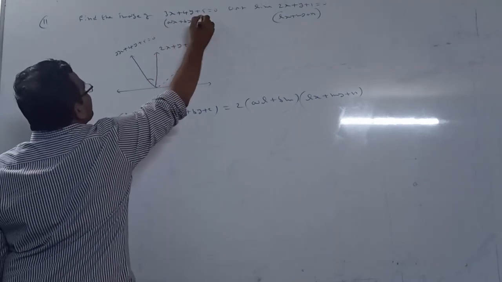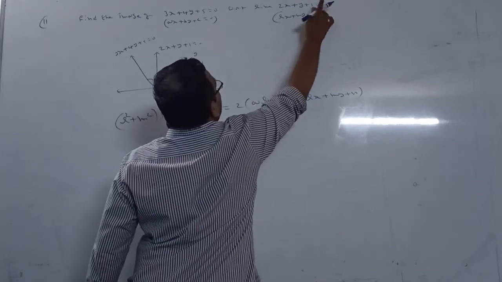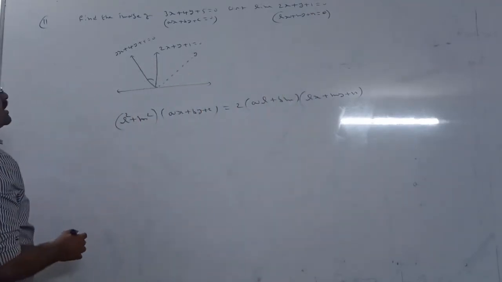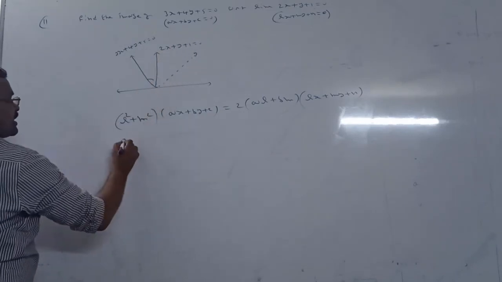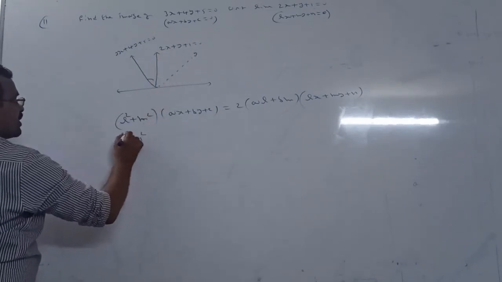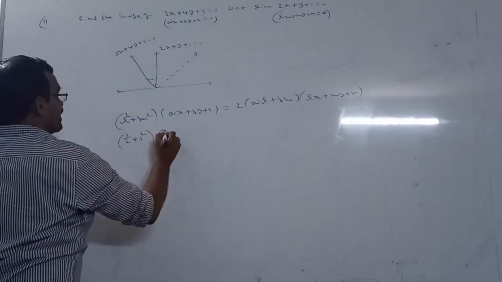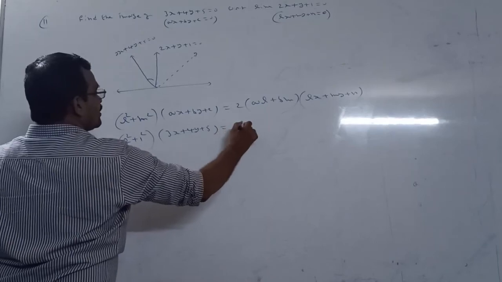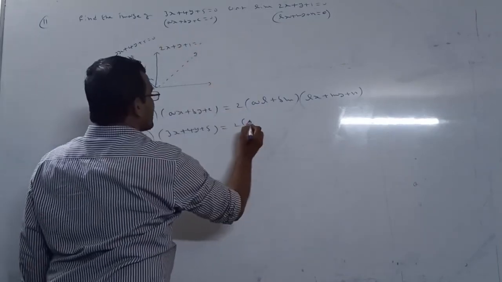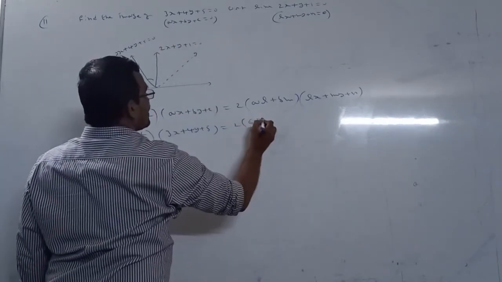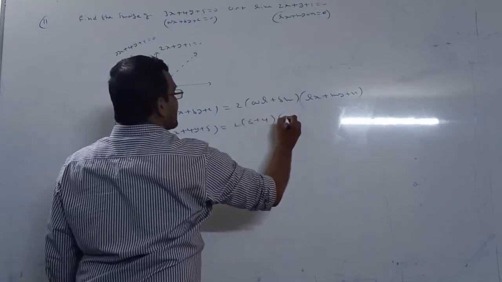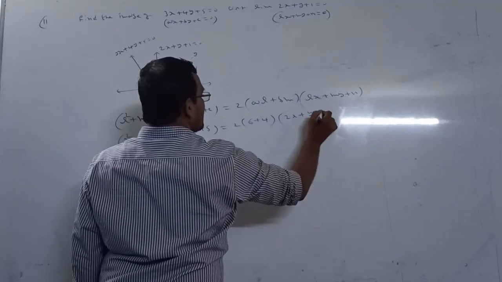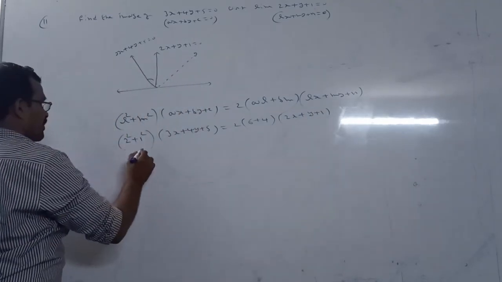Now apply this. l square plus m square: 2 square plus 1 square, into 3x plus 4y plus 5. 2 into (al plus bm): 3 twos are 6, 4 ones are 4, into (2x plus y plus 1). This is 4 plus 5.